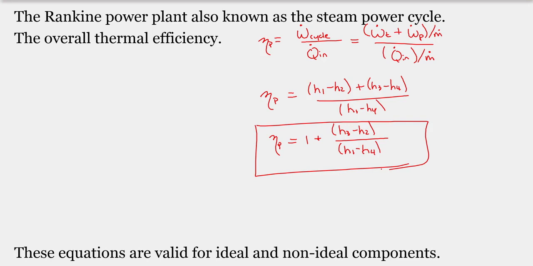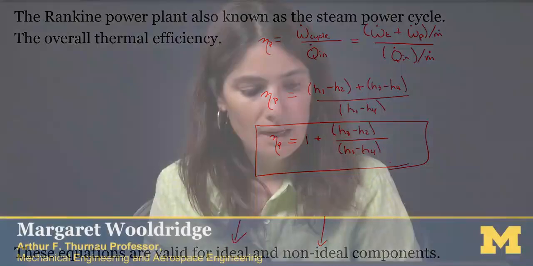Okay. Whether or not the components are ideal or non-ideal doesn't matter to this equation. I can have an ideal turbine. I can have an ideal pump. I can have a real condenser. I can have a real boiler. This expression doesn't change. Okay? The entire thermodynamic efficiency is defined by the enthalpies of the components, the enthalpies of the states for the components.